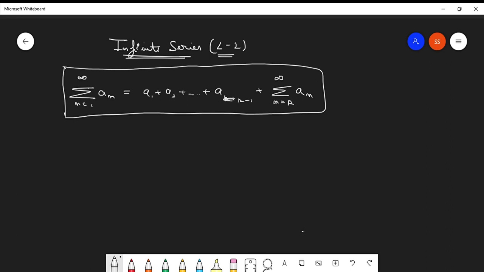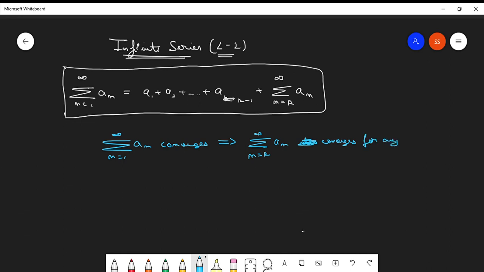The concept basically defines the convergence of an infinite series relating it with the collection of partial sums. So it says that if summation n equals 1 to infinity a_n converges, then summation n equals k to infinity a_n also converges, for any k greater than 1.